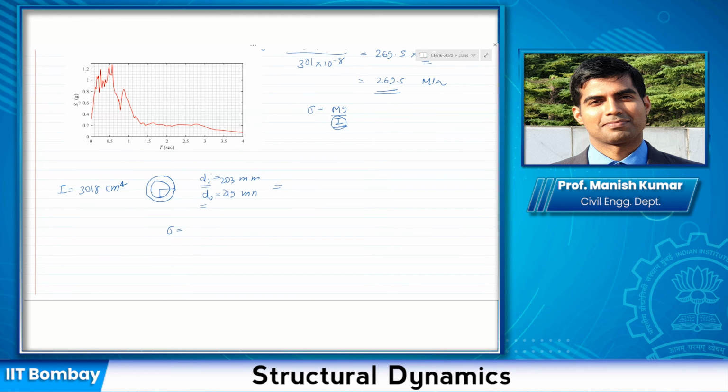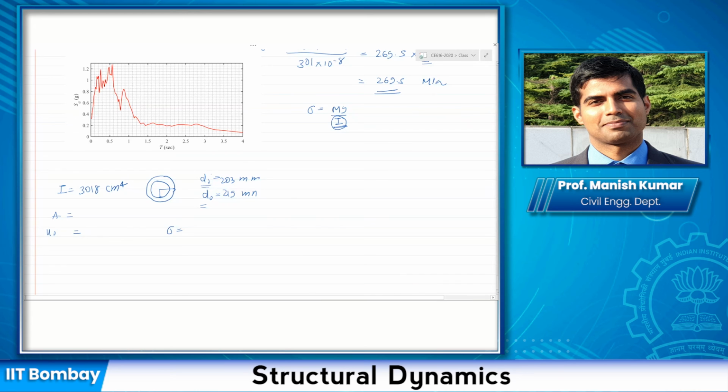Anyone with the answer? Just the value, let us first say displacement, or the acceleration. So it is deformation 62.97 mm. What is the displacement? Oh yes, sir. 62.9. 69 millimeter.